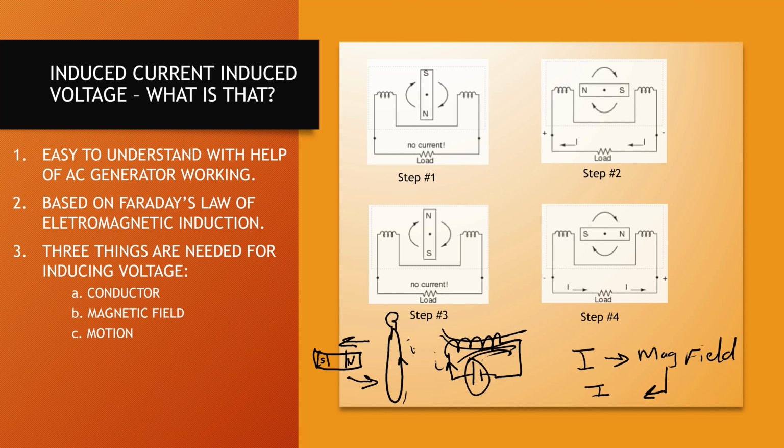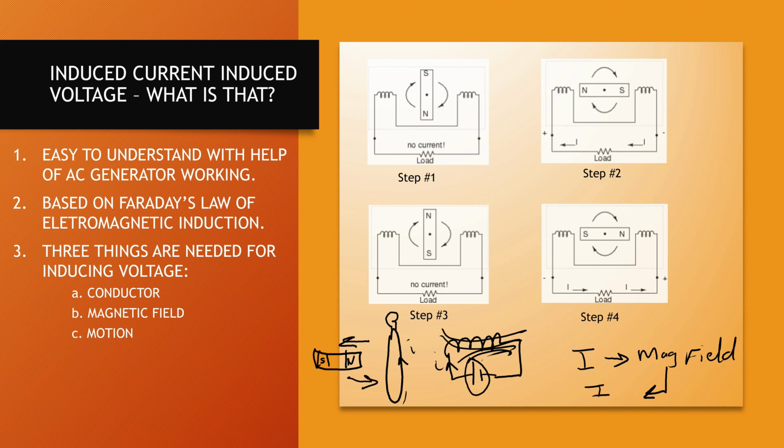Now when you have current, you will definitely have voltage. Because this magnet is causing current to flow inside this conductor, it is called induced current. And because this induced current is present in this conductor, you would have an induced voltage. So this brings us to the basic Faraday's law of electromagnetic induction, which is used to generate power.